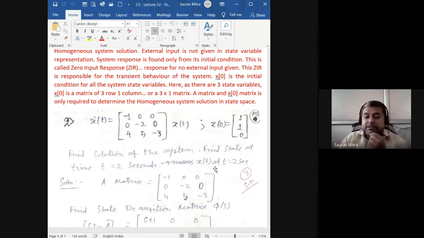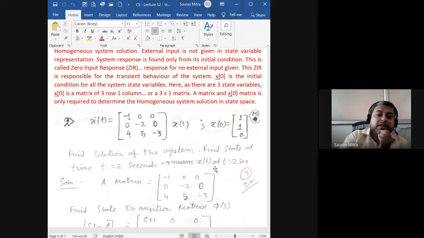There you substitute t is equal to 2, and you get x1 t, x2 t, x3 t at t is equal to 2, three values. That means, what is the amplitude of state variable x1 after 2 seconds? What is the amplitude of state variables 2 and 3 after 2 seconds? All of this you can find from x dot t is equal to A x t and x0.